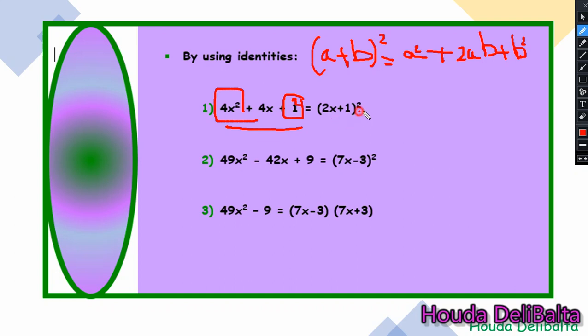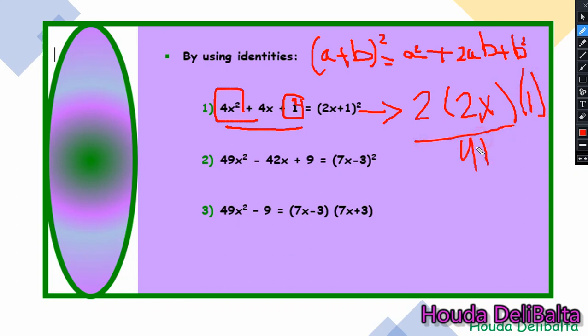How to make sure? All what you have to do is to multiply 2 from the rule in your mind by the first term and by the second term, then 2 into 2x into 1, then it's definitely 4x, which is true as you have here in the middle.